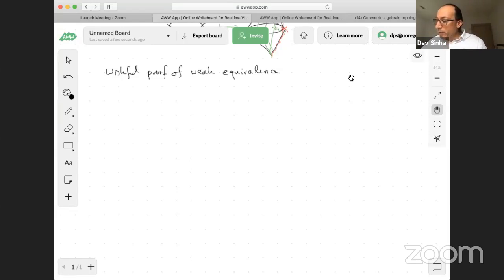The wishful proof of weak equivalence would be to say, well, if I've got some S^k to loops sigma X, could I retract it? Could I find a factorization through the monoid on X?